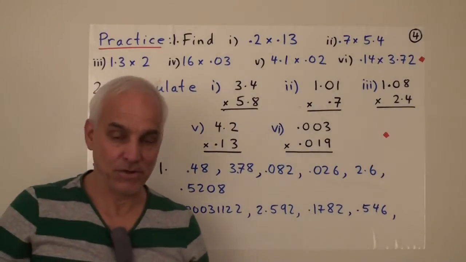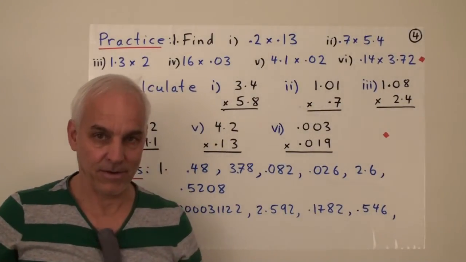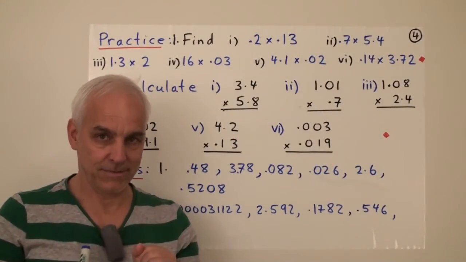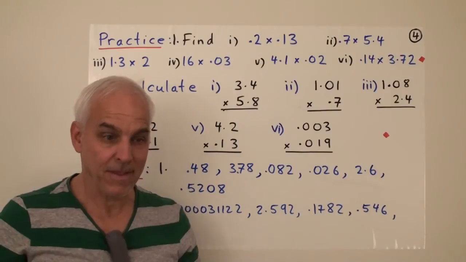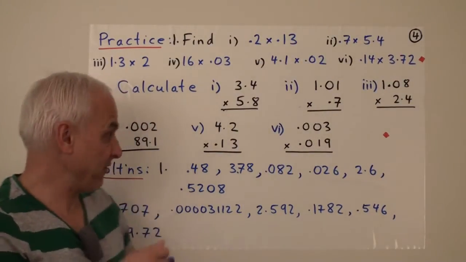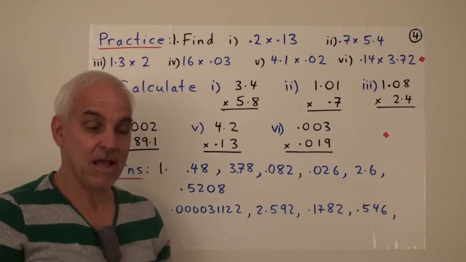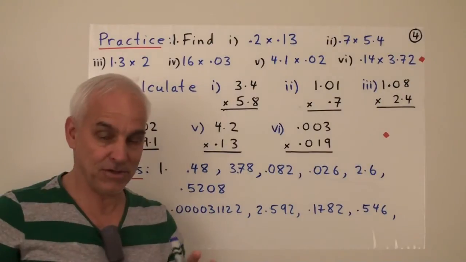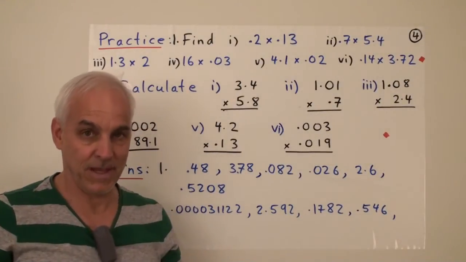Now I realize that you can do this with the calculator, okay? I don't want you to do that. I want you to do it longhand. I know it's a bit of work. It involves some care and some precision. You have to remember your multiplication tables. Believe me, it is well worth doing this. I wouldn't be telling you to do it if it wasn't for your own good.